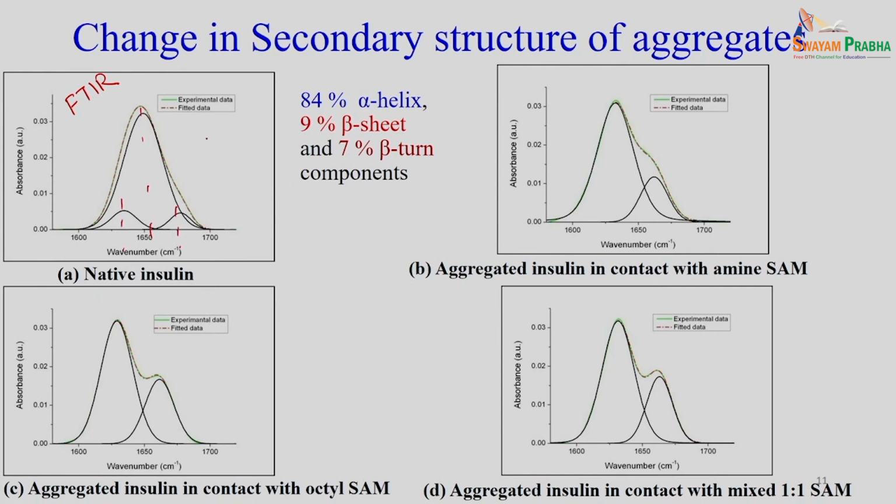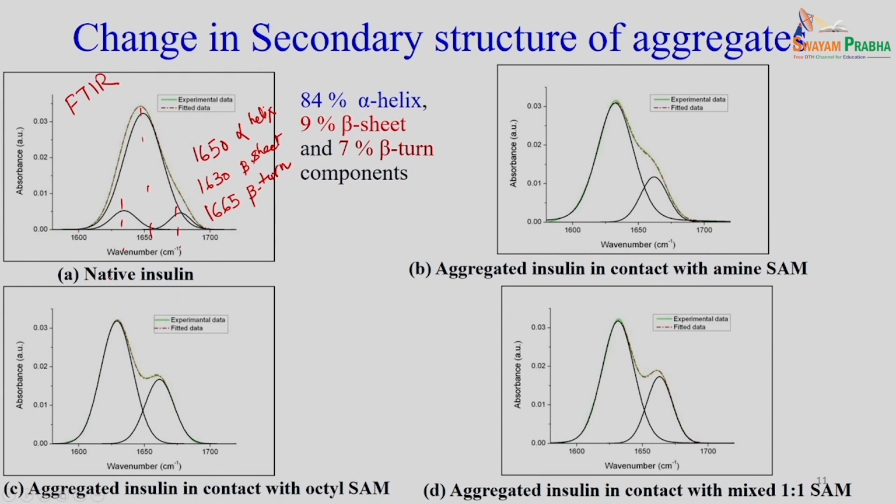Around 1650 refers to the alpha helix, then 1630 refers to the beta sheet, and about 1665 refers to the beta turn.